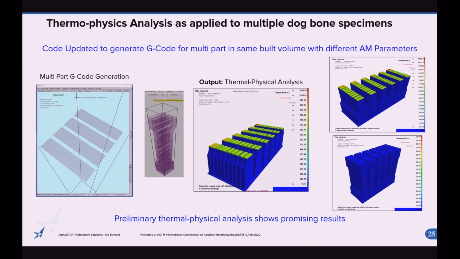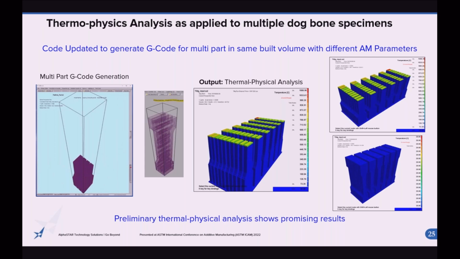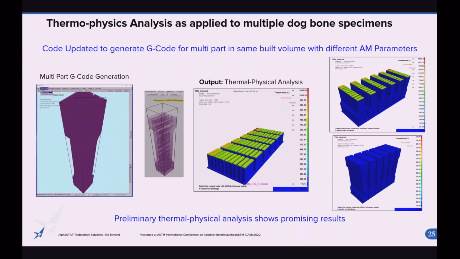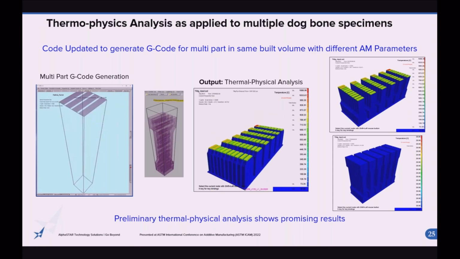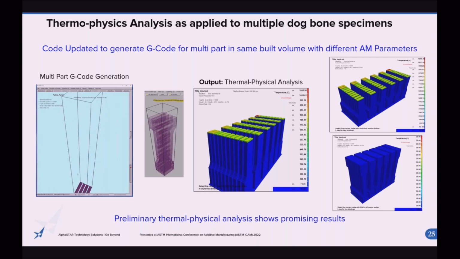So not only predicting that, but the next step, even more significantly, optimizing the process parameters so that all of the parts are built to the ideal build requirements and quality specifications required by the end user. And so a very large and technical challenge, but something the toolset is ready to take on.